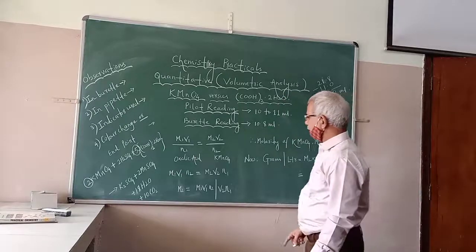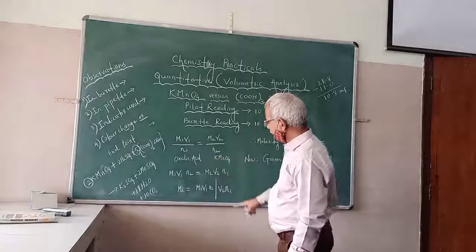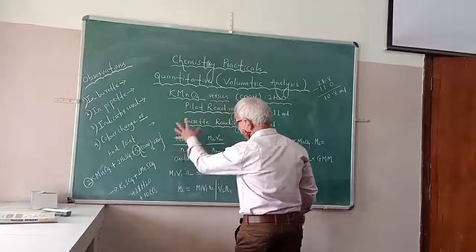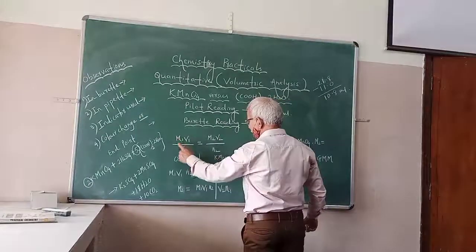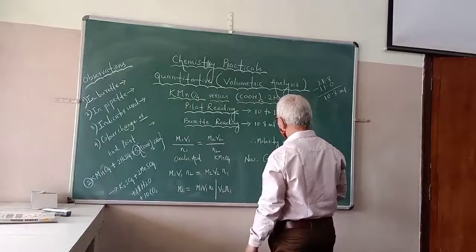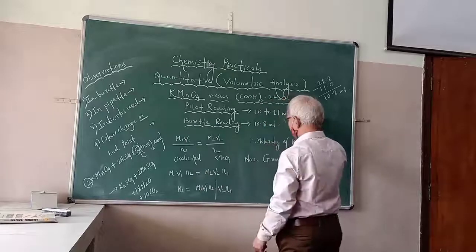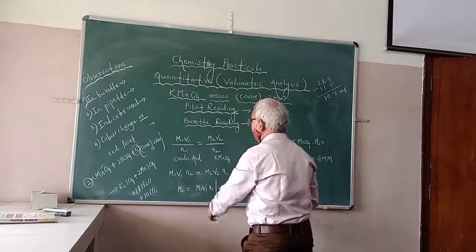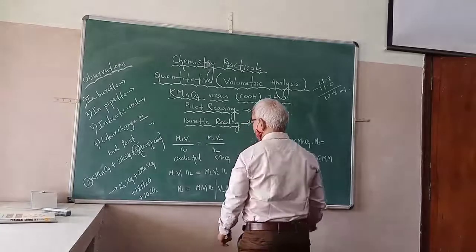Now, using the molarity formula M1V1 by n1 equals M2V2 by n2, taking care of the coefficients in the chemical equation. This is for oxalic acid and this one is for KMnO4. Molarity of oxalic acid M1 is 0.1.